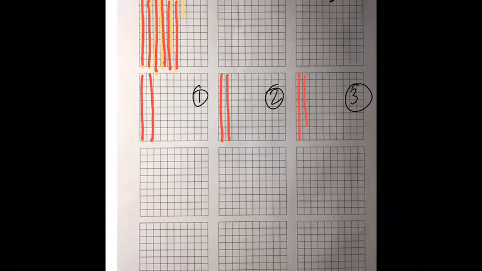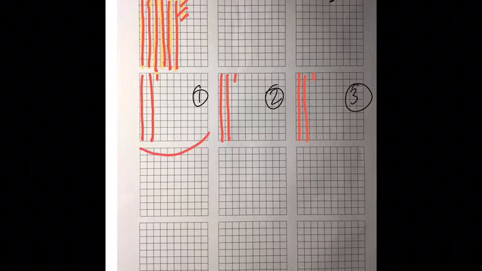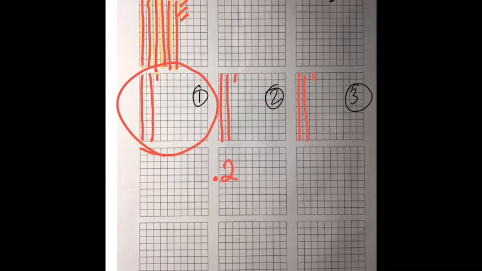Then I see that I have 3 hundredths left. So I can give 1 here, 1 here, and 1 here. Meaning that each person will get 2/10 and 1 hundredth. Or if we counted them individually, we would have 21 hundredths of an acre.